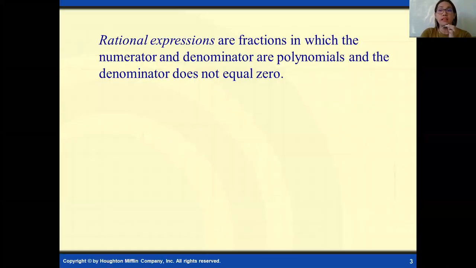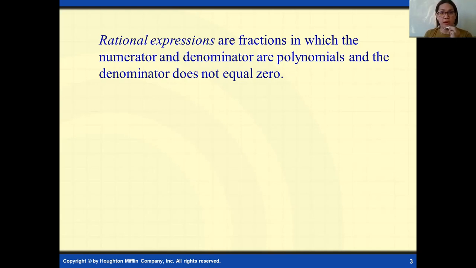So let's first review the definition of a rational expression. We learned in our previous video discussion that we define it as a fraction in which the numerator and denominator are polynomials and the denominator does not equal zero.